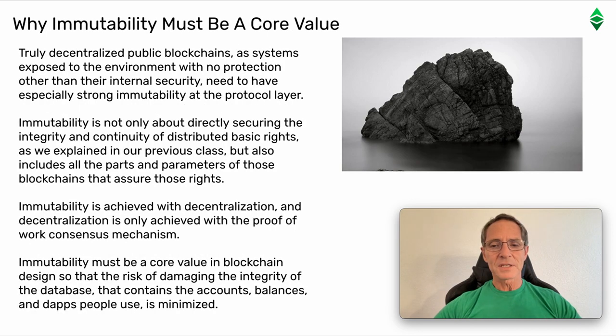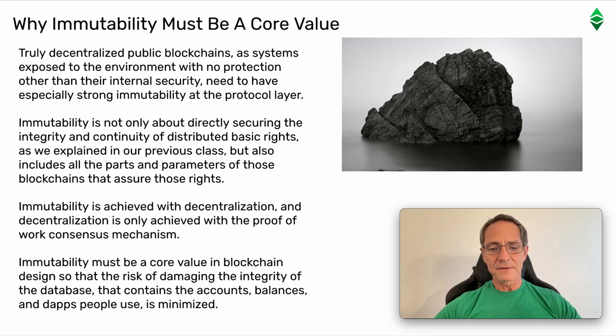Why must immutability be a core value? Truly decentralized public blockchains, as systems exposed to the environment with no protection other than their internal security, need to have especially strong immutability at the protocol layer. Immutability is not only about directly securing the integrity and continuity of distributed basic rights, as we explained in our previous class, but also includes all the parts and parameters of those blockchains that assure those rights.